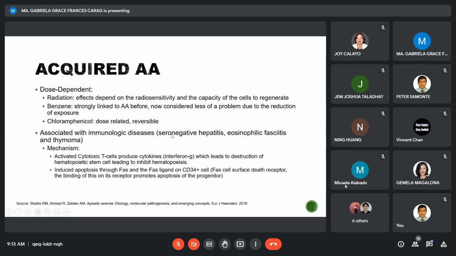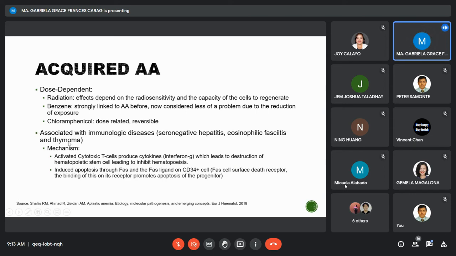Actually, ma'am, I am not quite familiar with seronegative hepatitis. But thymoma, ma'am, is a cancer of the thymus. So there is an increase. I'm not quite sure, ma'am.